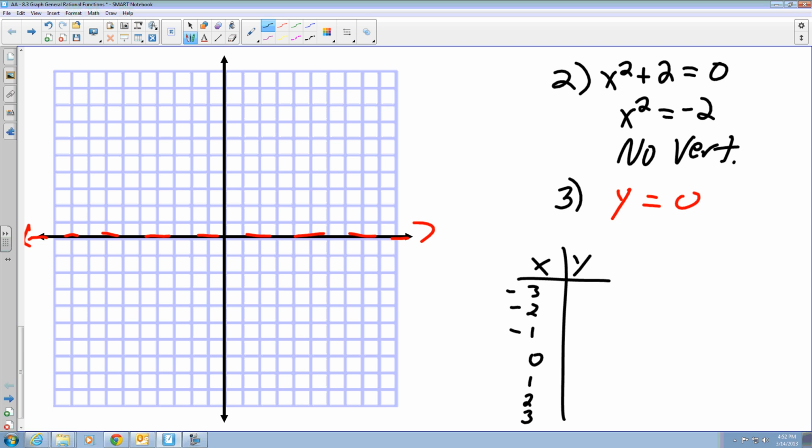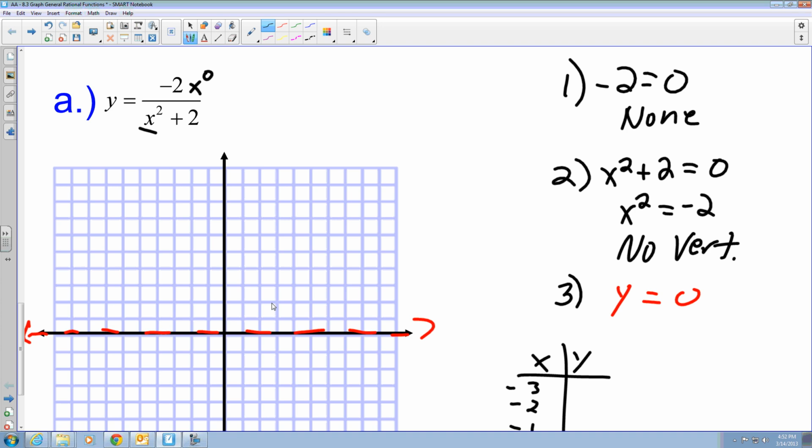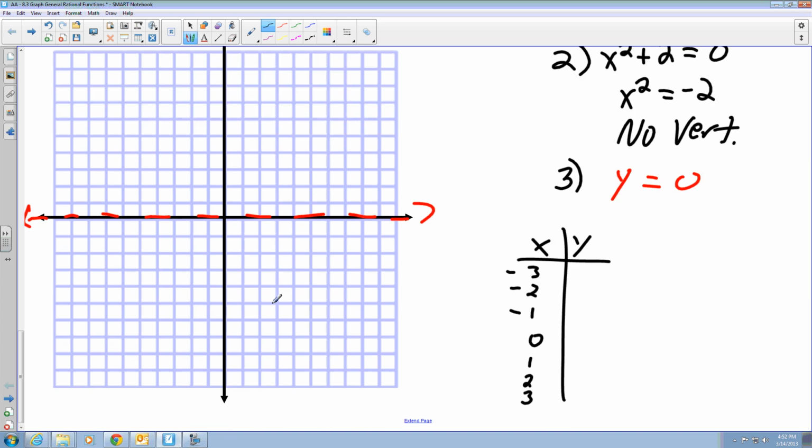If I plug in these values for x, I'm going to get values like negative 2 over 11, negative 1/3, negative 2/3, negative 1.